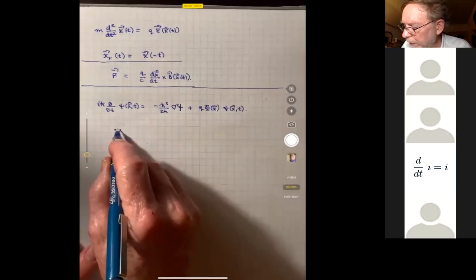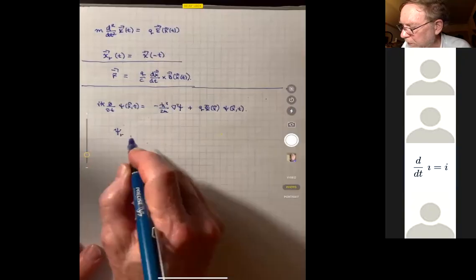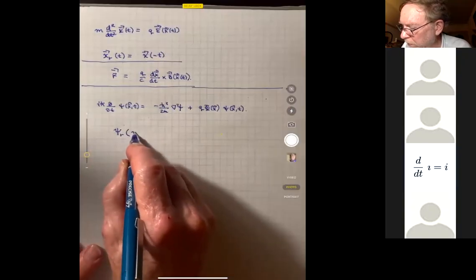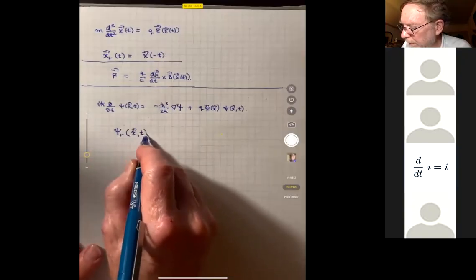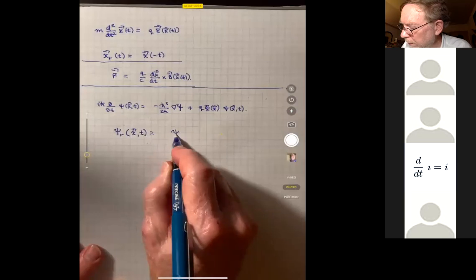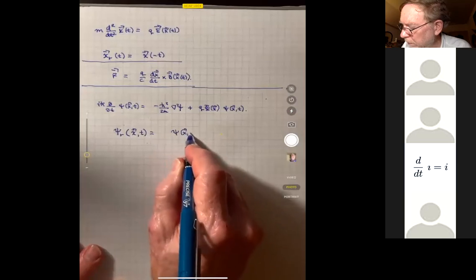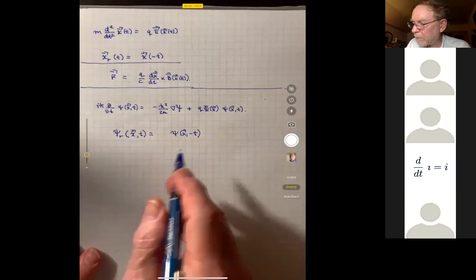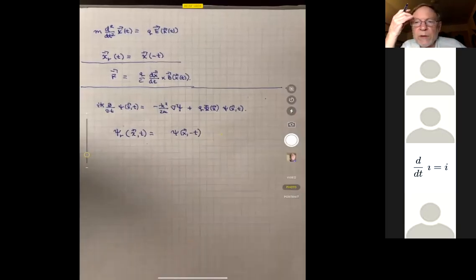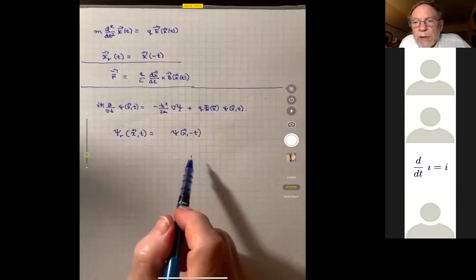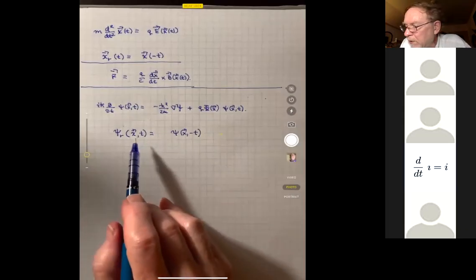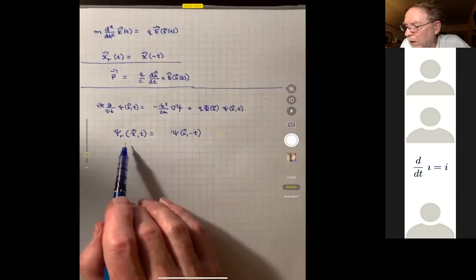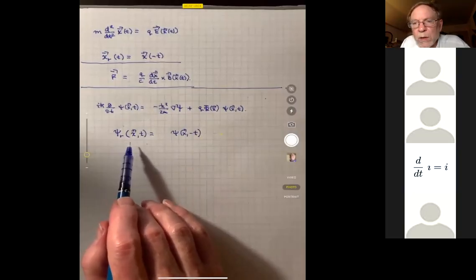Now, in analogy to what we did in the classical problem, let's define psi r, the time reverse solution of x and t, to be equal to psi of x and minus t. Effectively, if you could take a movie of the evolution of a wave function, we just run that backwards. Now, the question is, assuming that psi of x and t is a solution, is psi r of x and t also a solution?